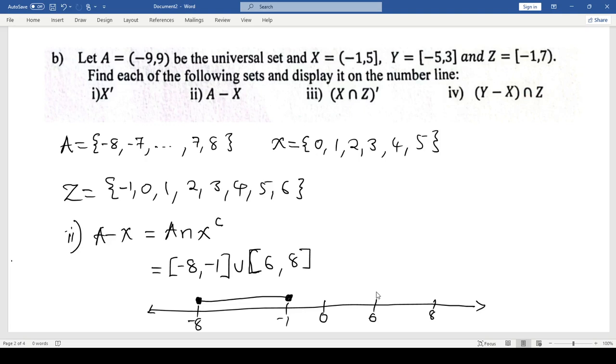Then we know that 6 is included and 8 is equally included, so we put a line that connects the two like this. Okay, so we've displayed what A intersection x complement is, and also put this on a number line. Okay, let's go to the next one. So I just erase this, and we work that one here.